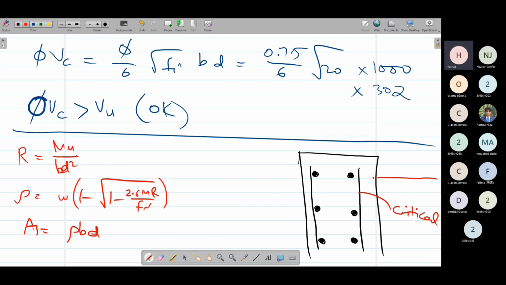Omega is equal to 0.85 fc dash over fy. Just memorize these steps. We are going to use this very much. So plug in the Mu value, calculate R, calculate omega, plug the values in this expression, and calculate the As for this critical steel.